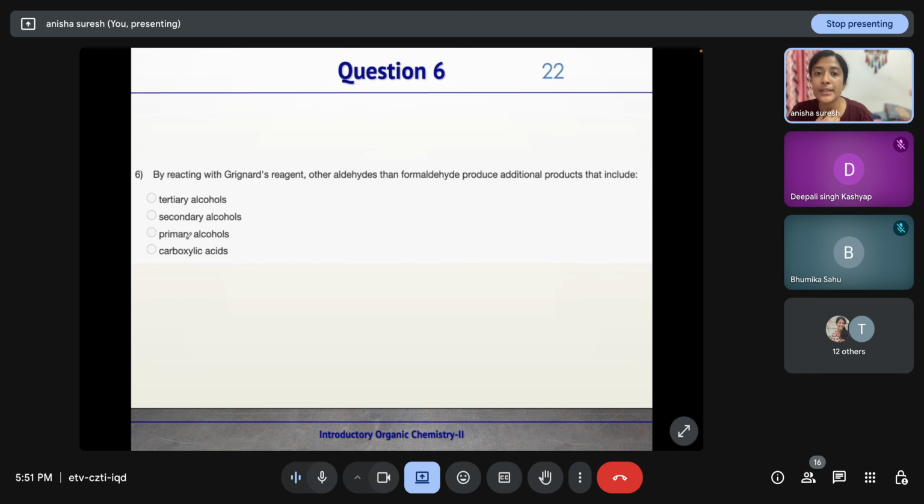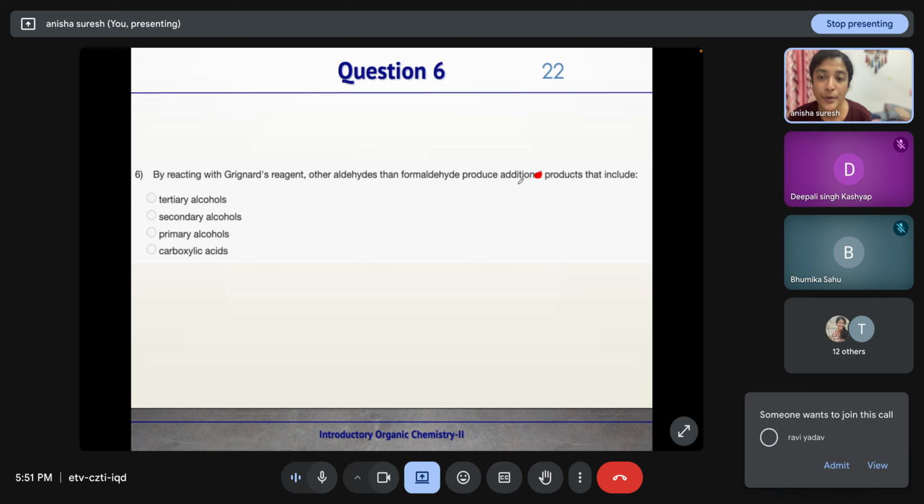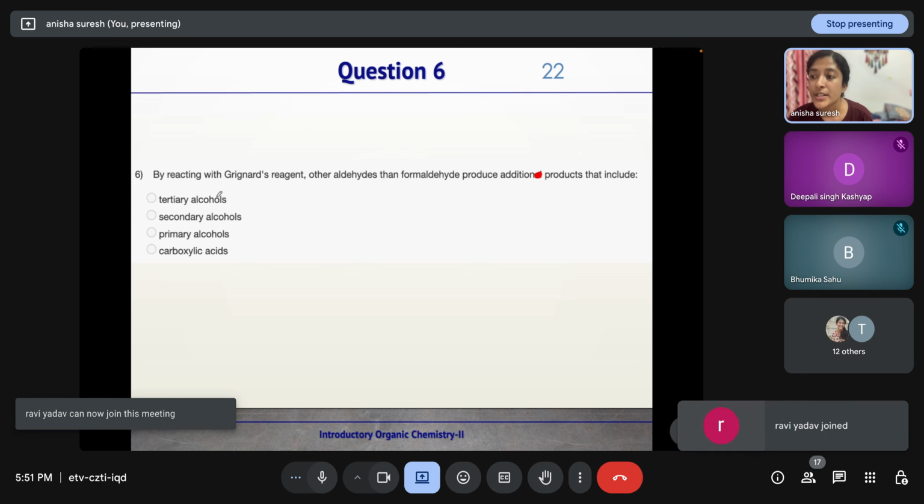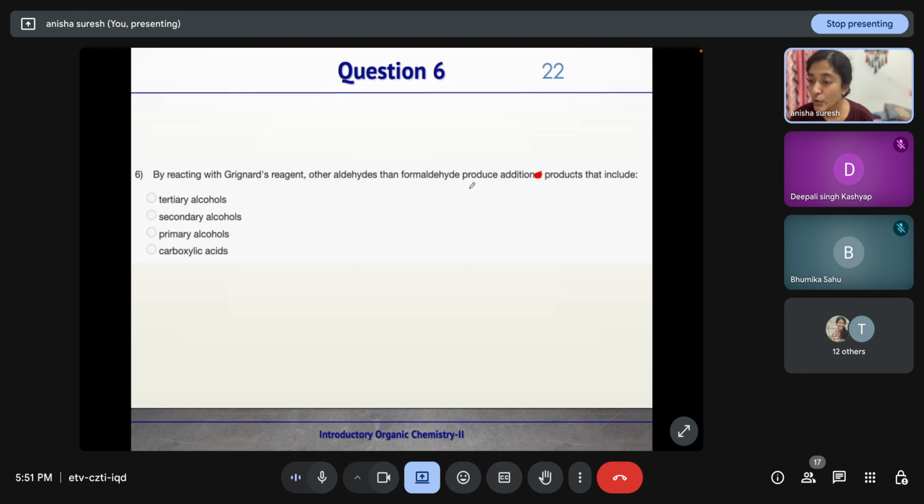Now coming to question number 6. By reacting with Grignard's reagent, aldehydes other than formaldehyde produce addition products. Okay, addition products that include tertiary alcohols, secondary alcohols, primary alcohols, carboxylic acid. So they are asking about aldehydes other than formaldehyde.